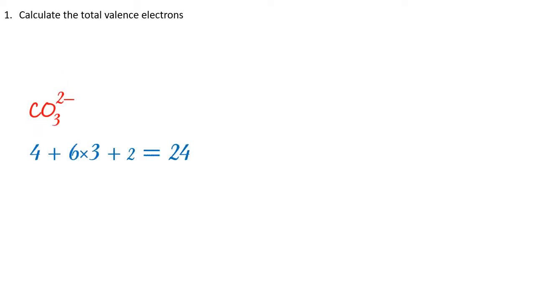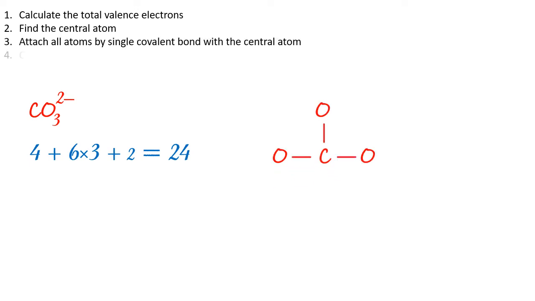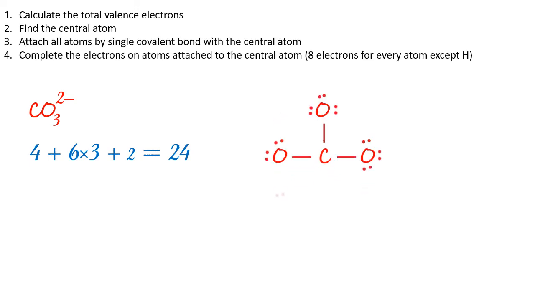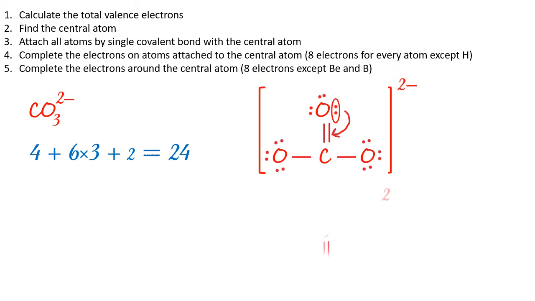We have a similar example, the carbonate ion. So here we use the same 5 steps. So the structure will be like this.